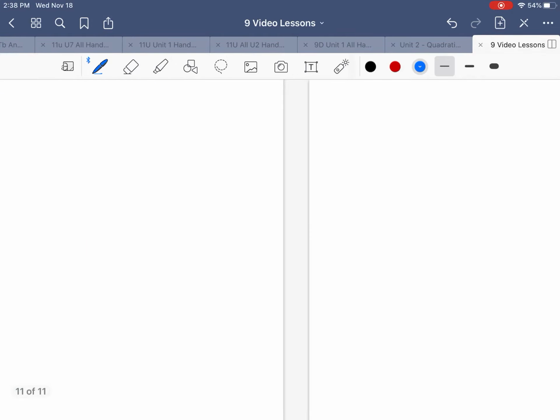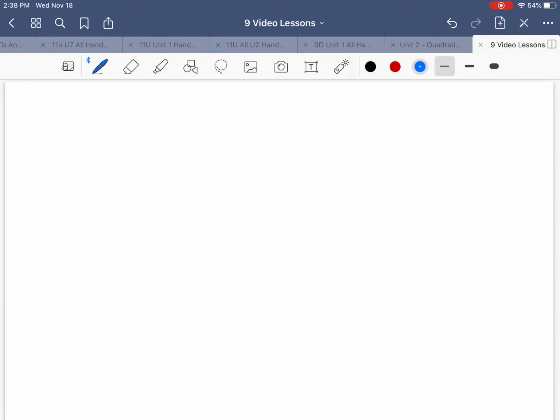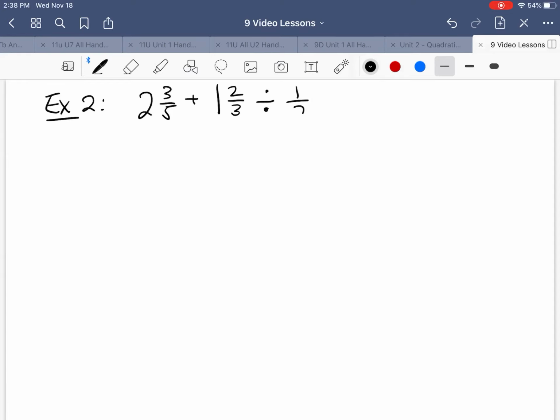Okay, let's do another one. I think we need a fresh page for that. So our second example, we have 2 3/5 plus 1 2/3 divided by 1/2.